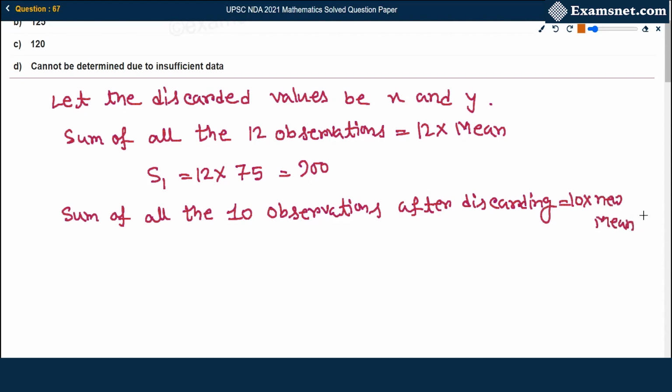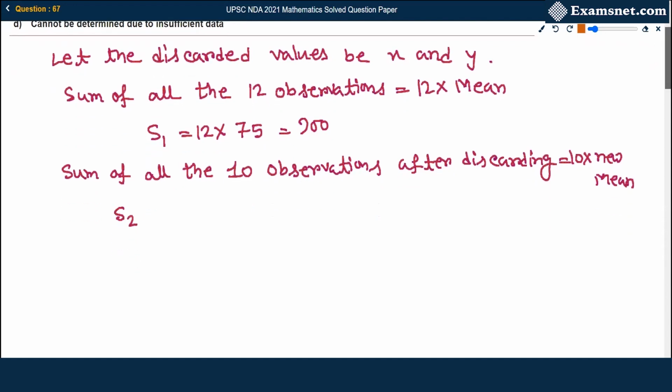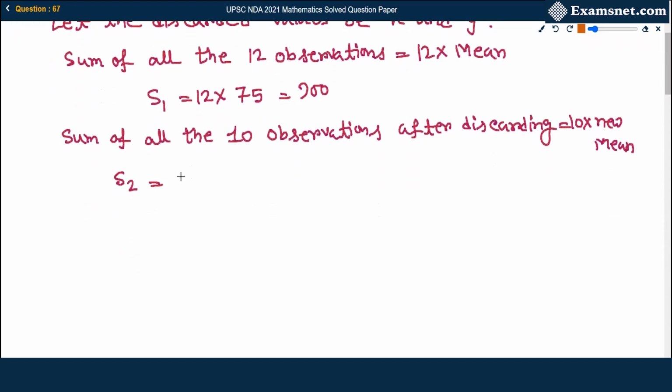The new mean is given as 65, and we can denote the sum of all 10 observations as S2. So S2 equals 10 multiplied by 65, it's 650, right? Now we can write 650 plus X plus Y, meaning the other 2 observations that we have assumed as X and Y. All total the sum equals 900.